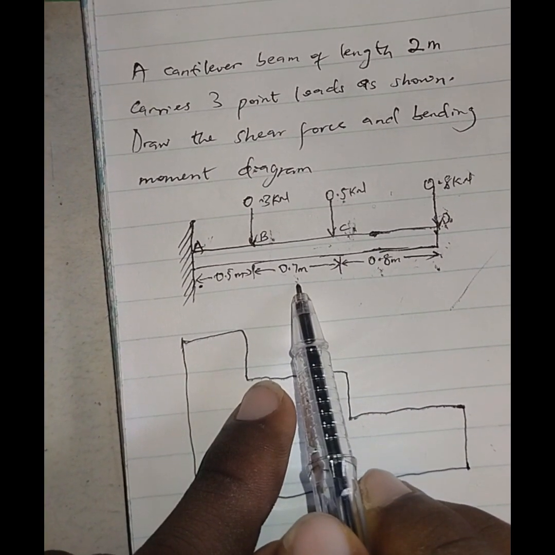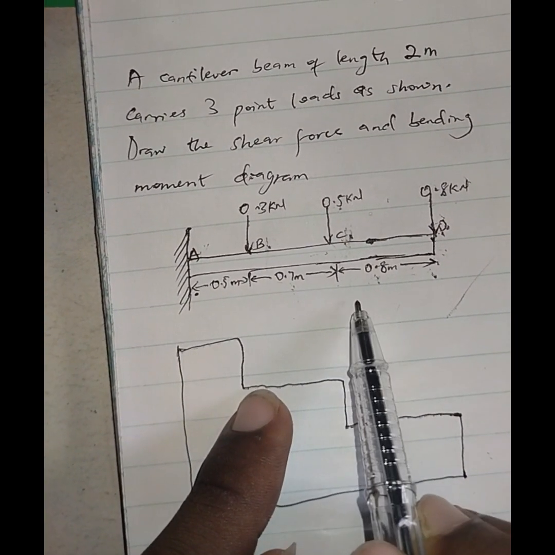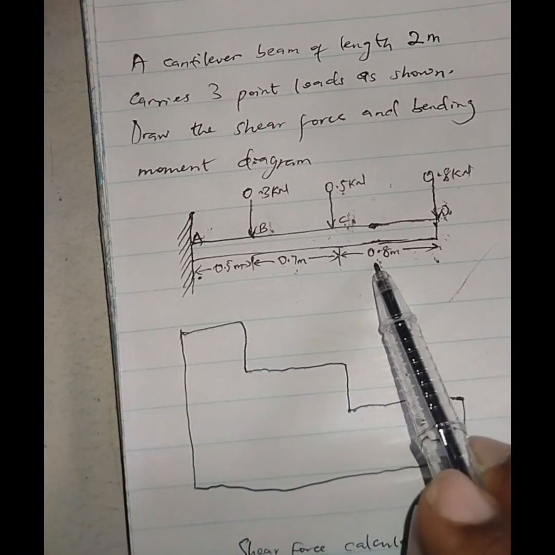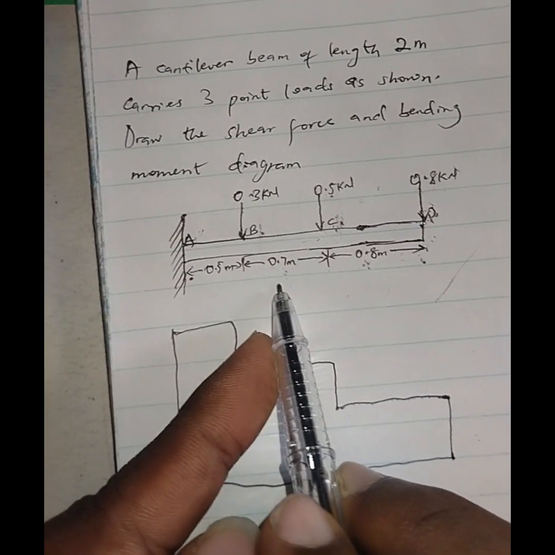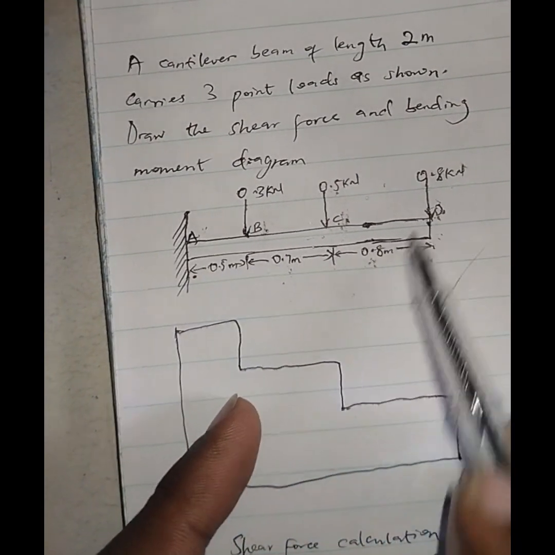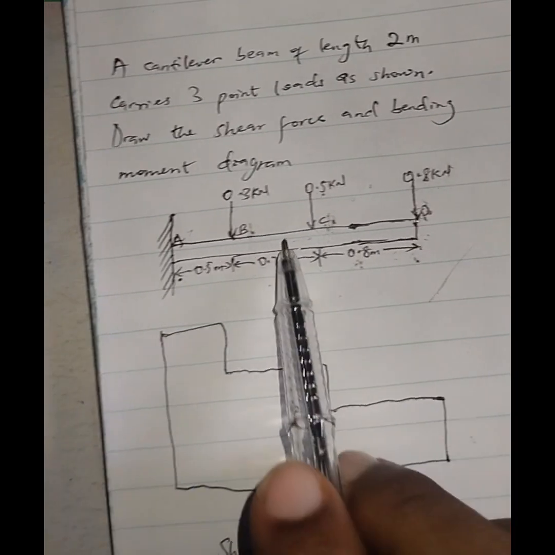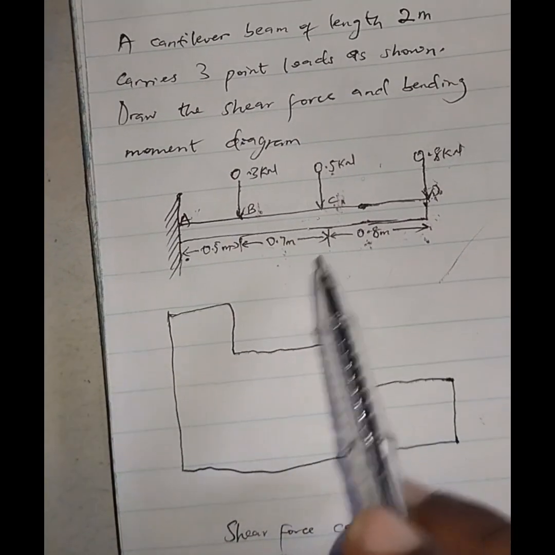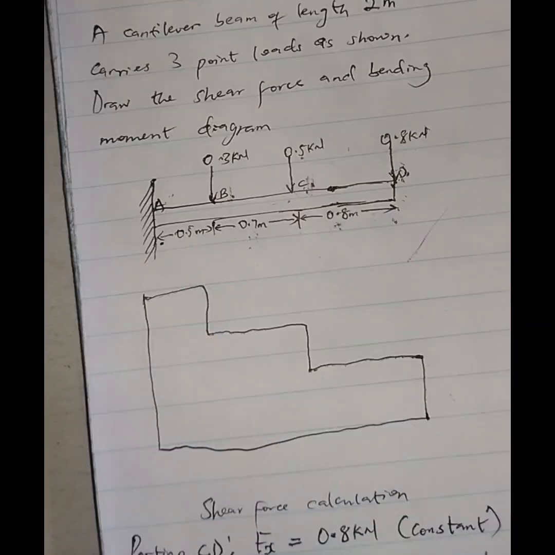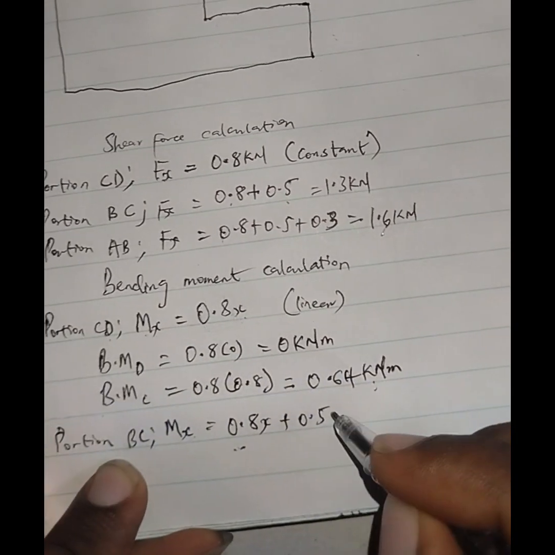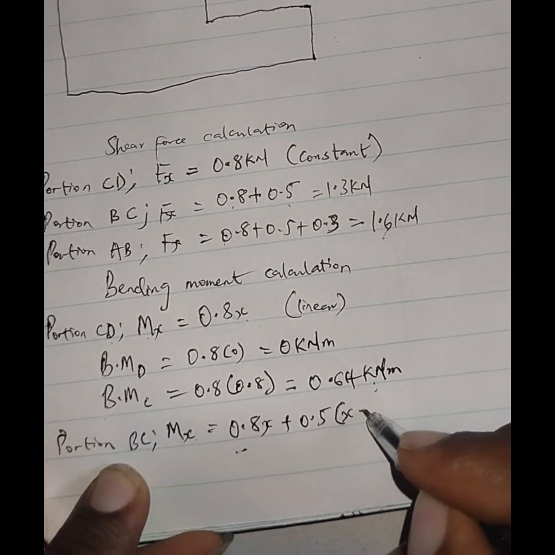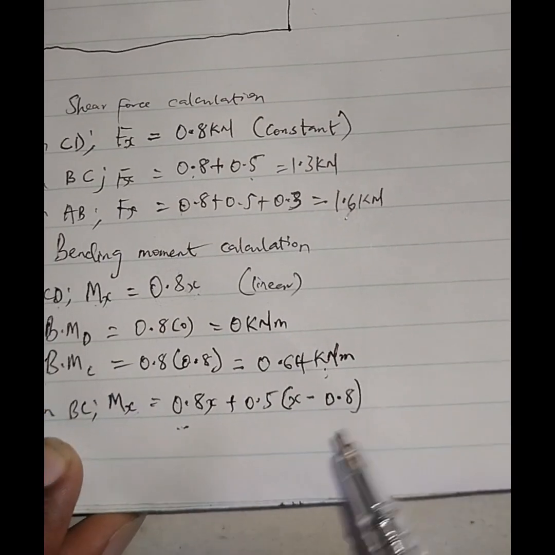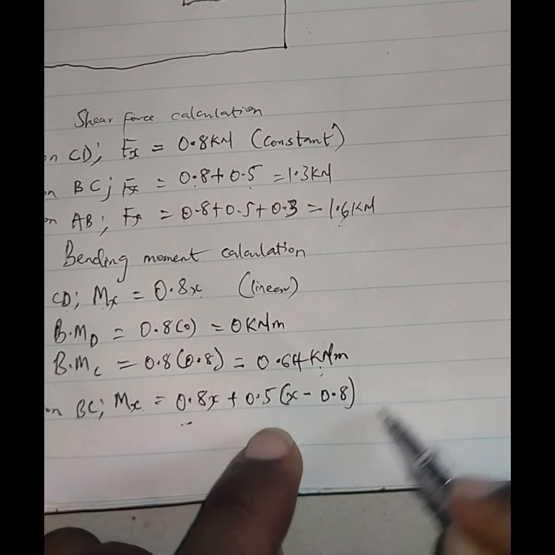In order for you to get this 0.7, you subtract the total distance minus one number that can give you this distance back. So you subtract 0.8 from 1.5 in order to get 0.7 back. So this is what I'm trying to say. You just put in bracket x minus 0.8. So now this is also linear.